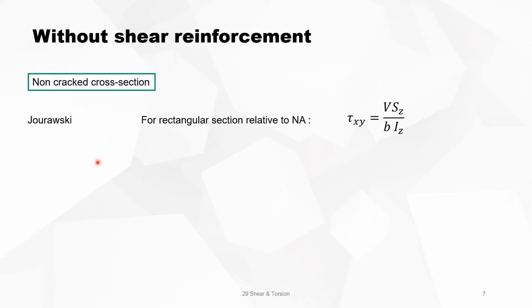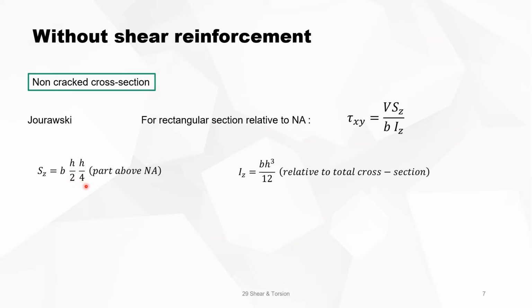For a non-cracked cross-section, we can use Jourawski for a rectangular section relative to the neutral axis. We know that then the shear stress tau equals the shear force times S divided by b times I. And S is equal, if you take the part above the neutral axis, to the cross-section b times h divided by 2 multiplied by the distance to the neutral axis.